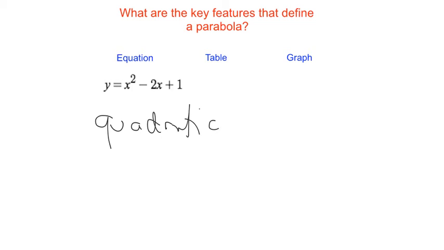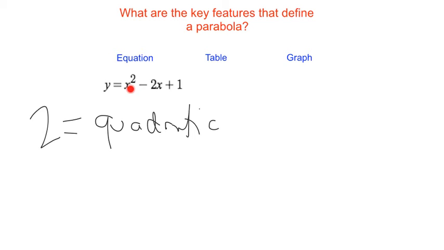Okay, so an exponent of 2 on the variable indicates that this is a quadratic relation. There are some other terms here. There's a linear term, but it doesn't matter though. The fact that we have this quadratic term means that this is a quadratic relation.